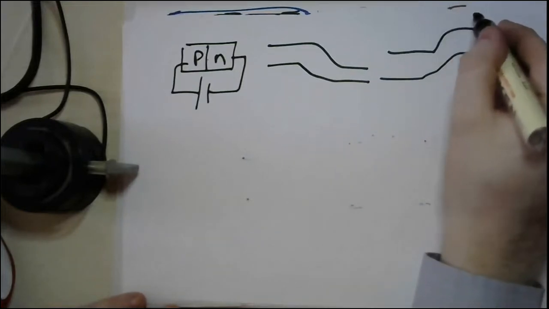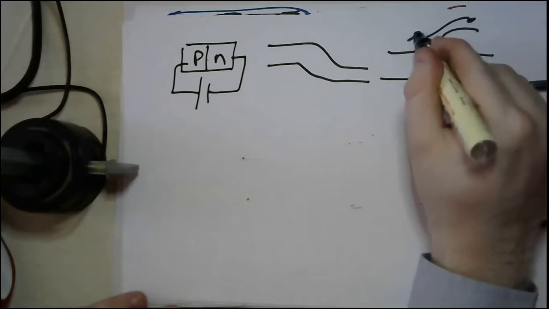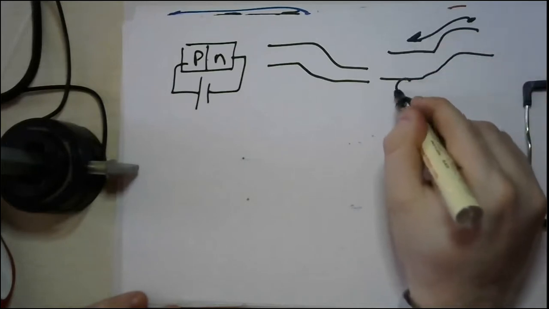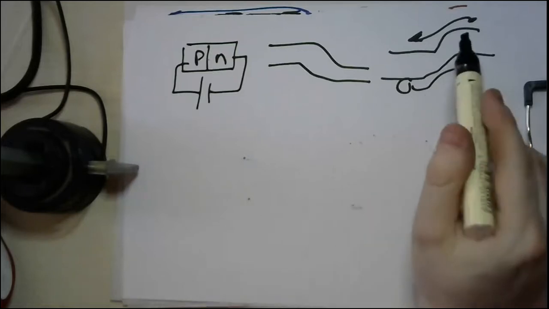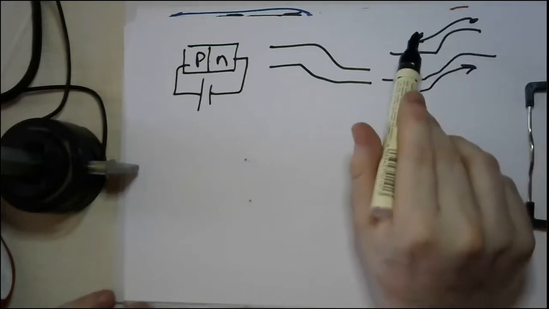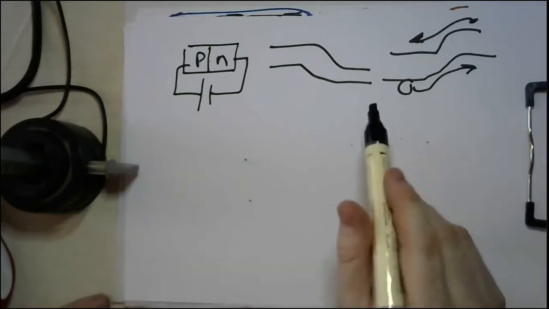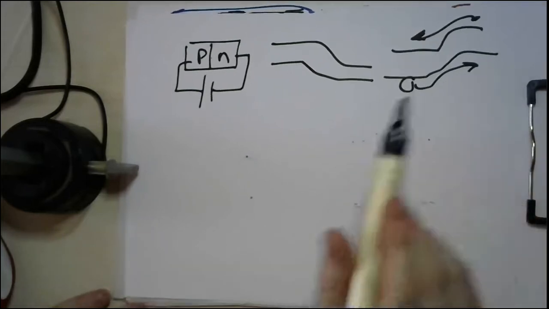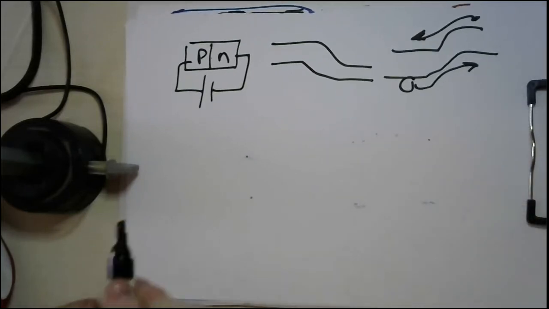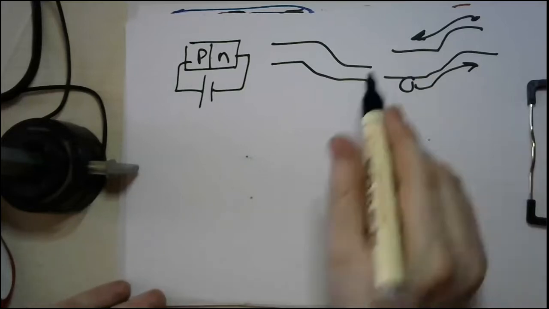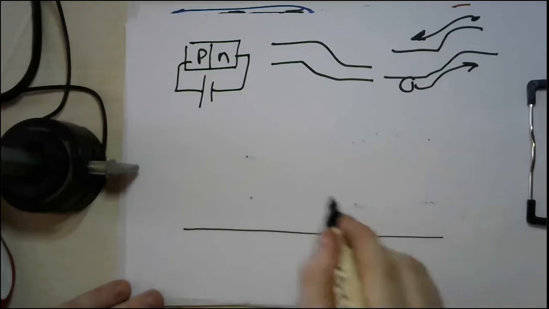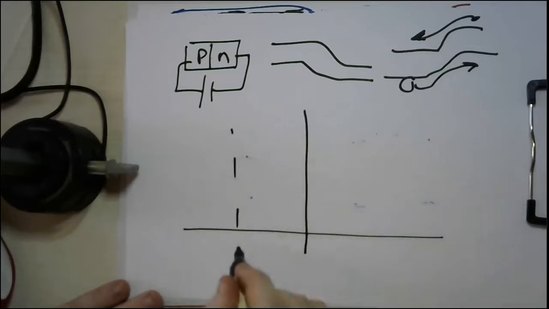Now, electrons are moving here and holes are moving there, if you remember. So electrons are moving from the N side to the P side, and the holes are moving from the P side to the N side. The question is, how will this affect our carrier concentration?